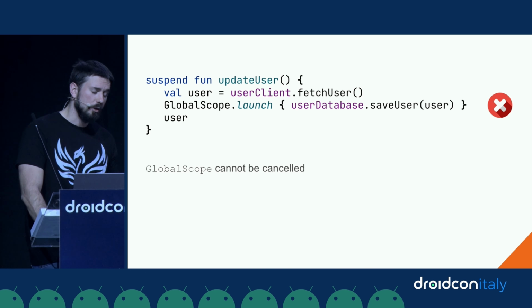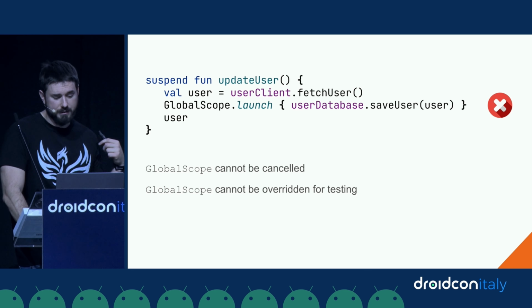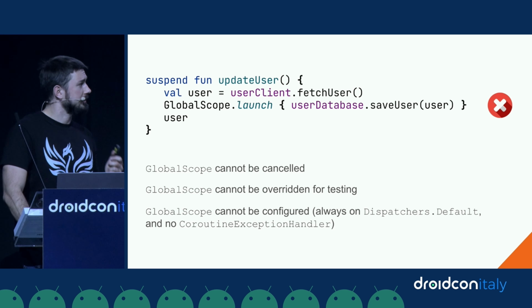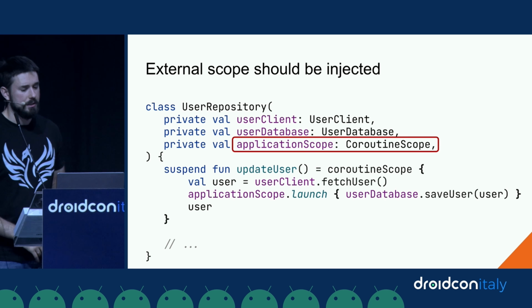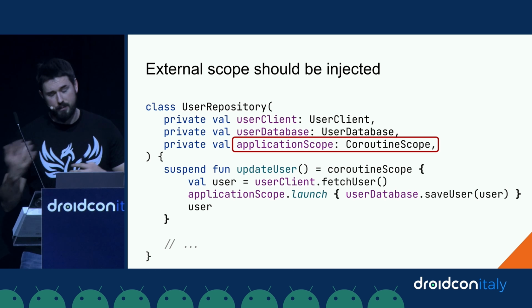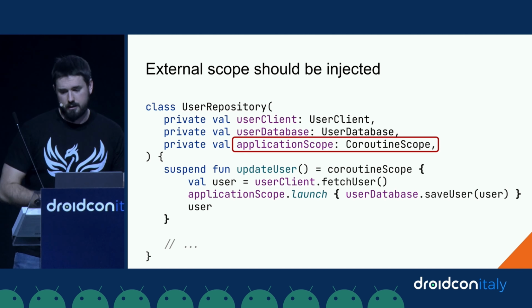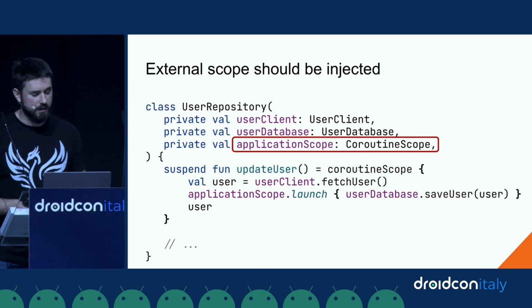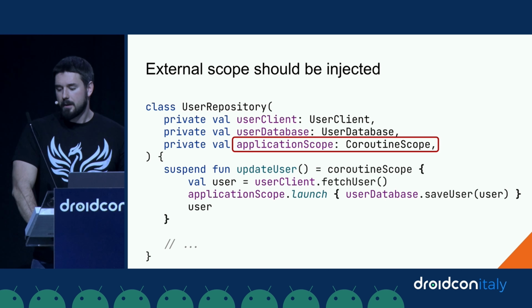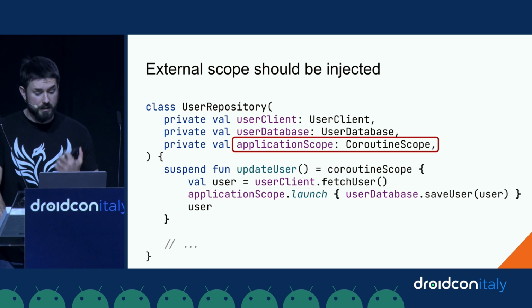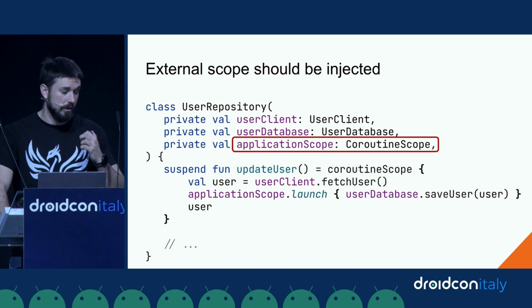Global scope cannot be cancelled, cannot be overwritten for testing, cannot be configured. It is a poor choice. It's a lazy choice. A proper scope should be injected. Such a scope can be quite easily created in an application or in a DI. It is often just a coroutine scope with a supervisor job, sometimes with some dispatcher, and sometimes with some coroutine exception handler. But it must be injected, either a scope or a dispatcher, for testability.